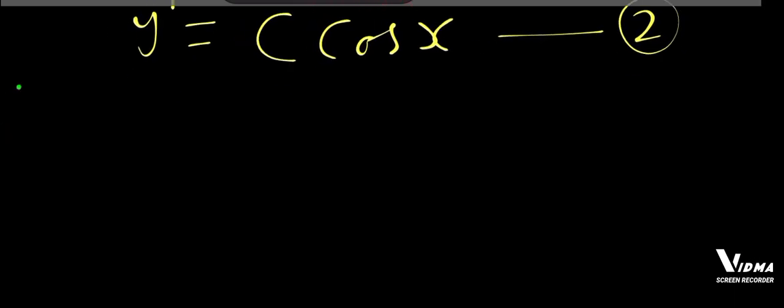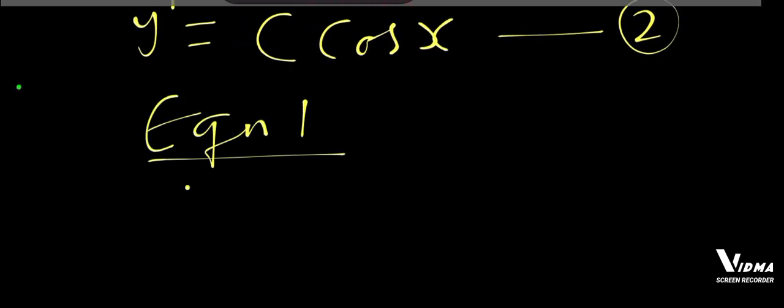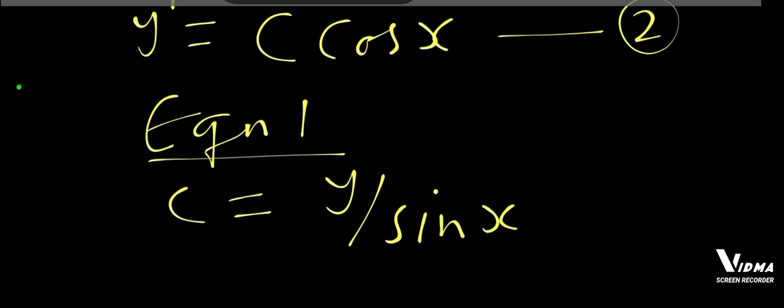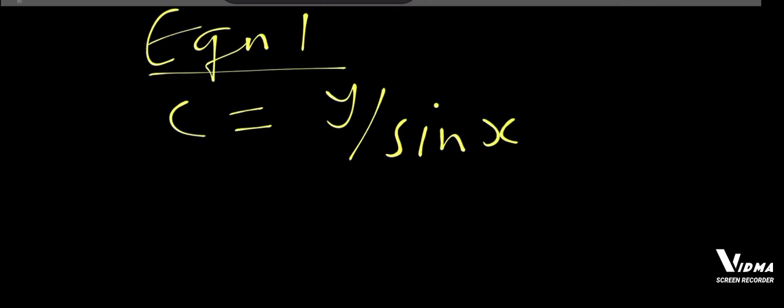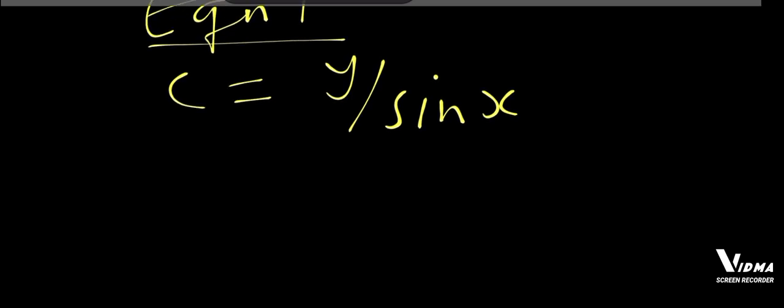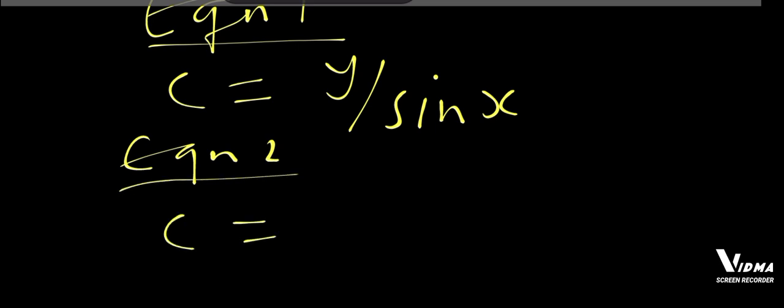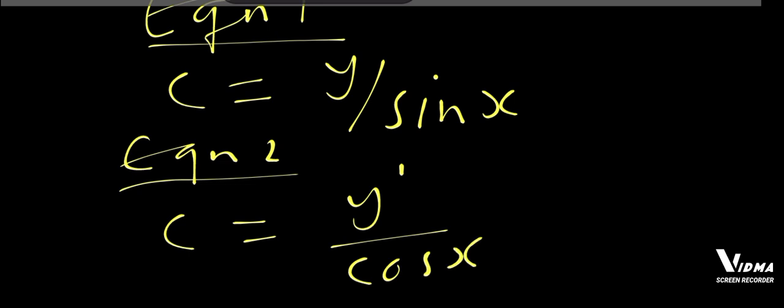So from equation 1, c is going to be y over sine x. And from equation 2, c is going to be what? y prime over cos x.